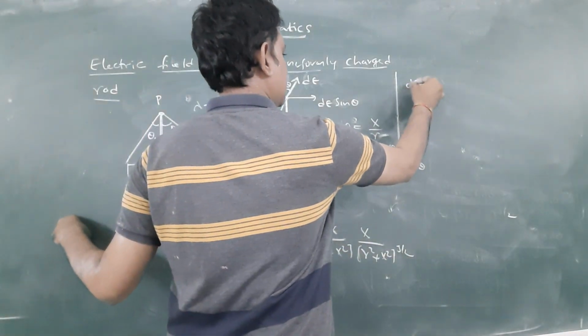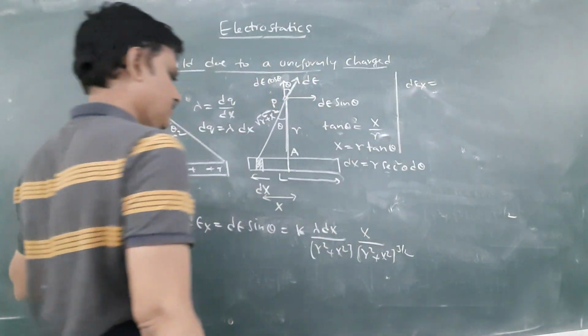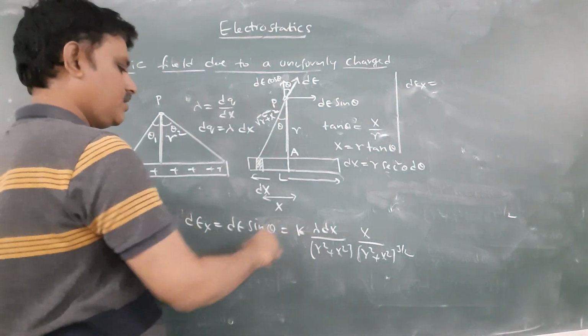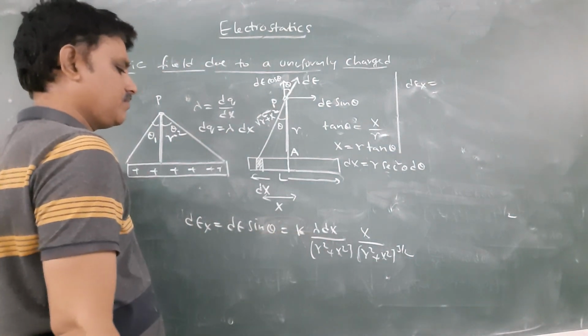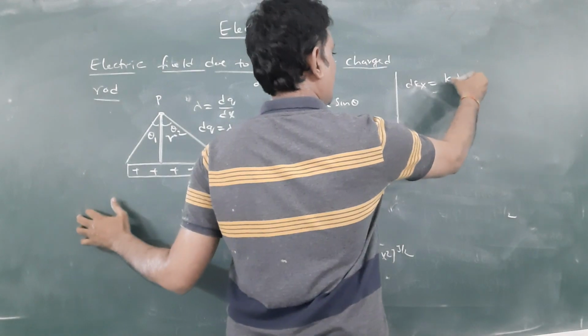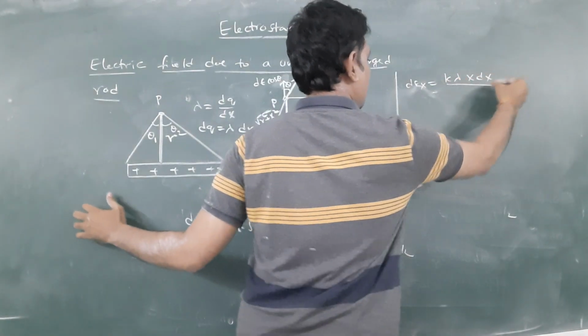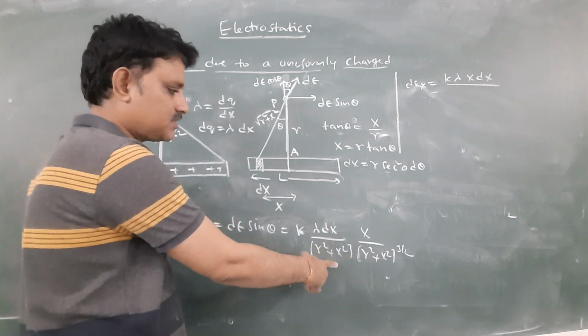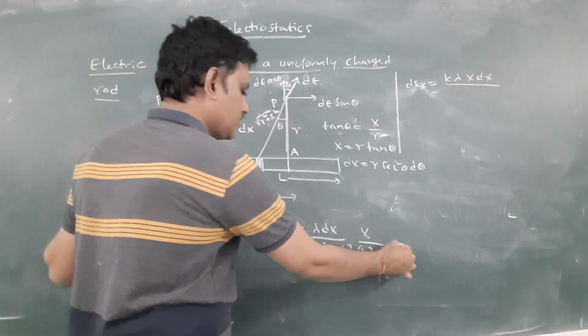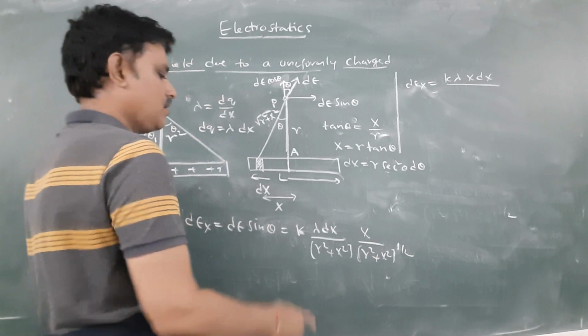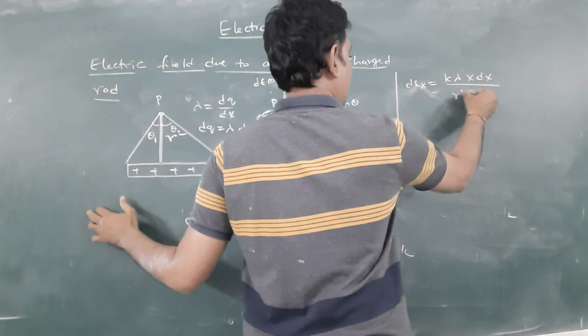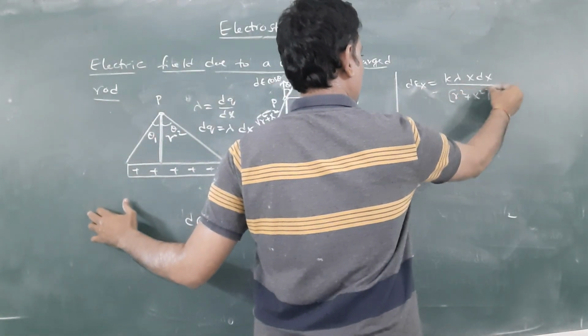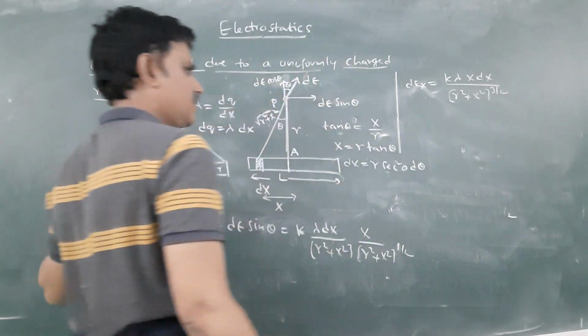So dEx is equal to k into lambda into x dx by r square plus x square into r square plus x square whole power 1 by 2. So if you multiply, it is r square plus x square whole power 3 by 2.